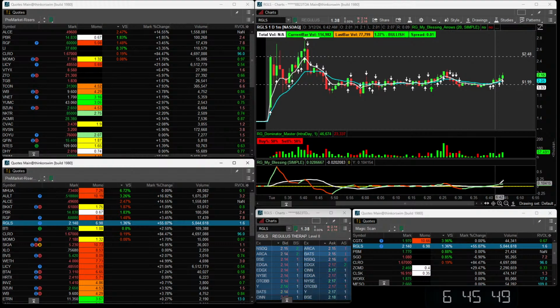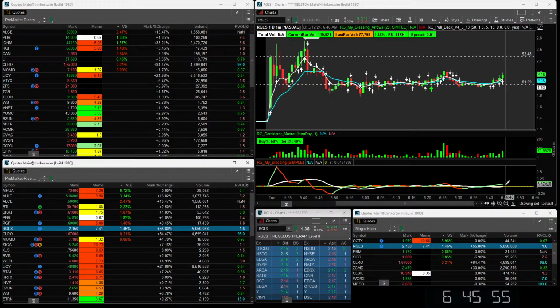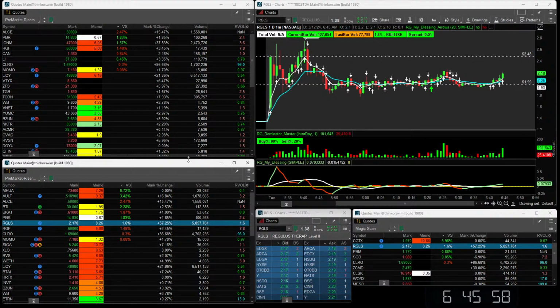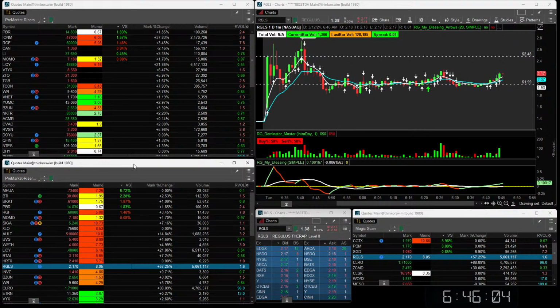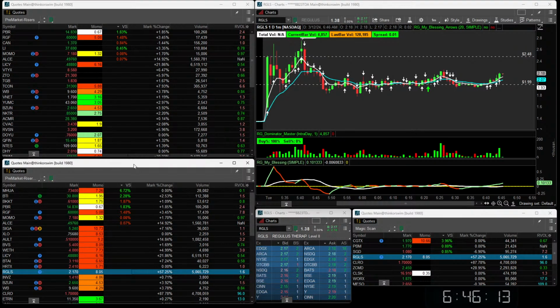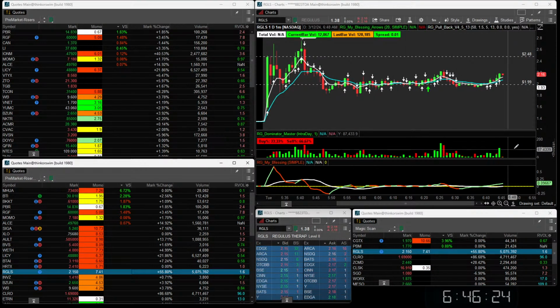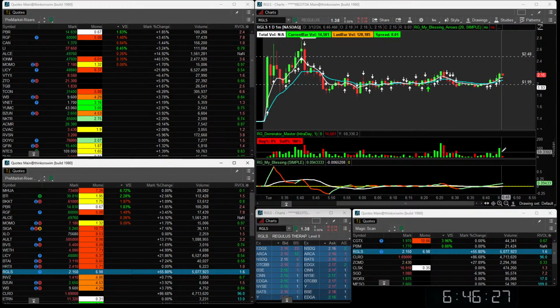Like to see this indicator turn due north, not just lay flat here. One green dominator bar doesn't get it done. We need multiple ones getting taller.